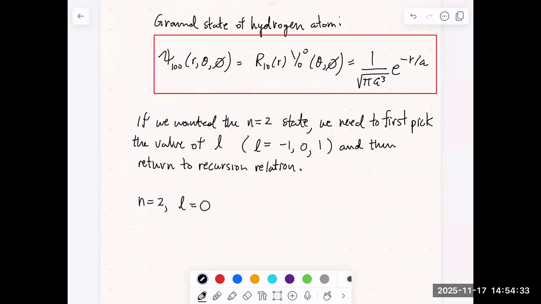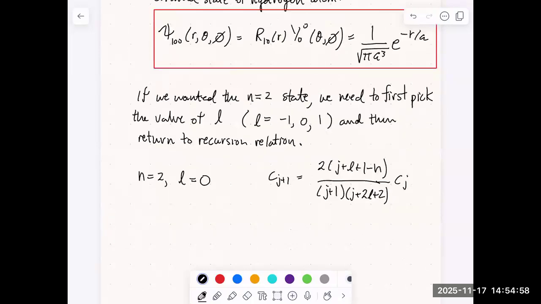So suppose we wanted the state for n equals 2 and L equals 0. Then we would go to our recursion relation. I'm just going to write it out yet again, just so it's in front of us. So j plus 1, j plus 2L plus 2, and then we have our Cj here.